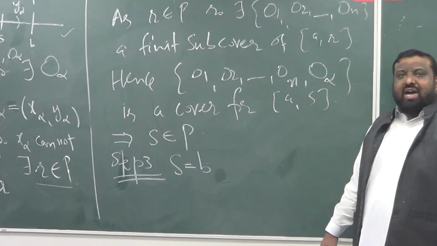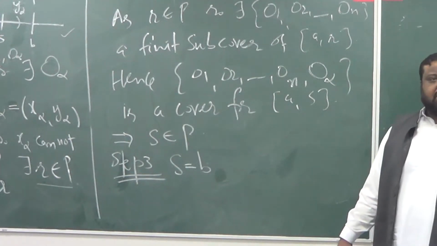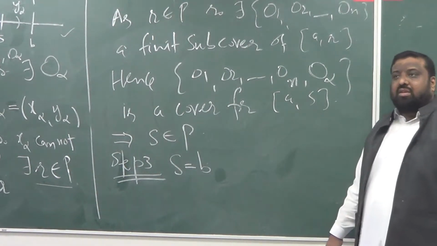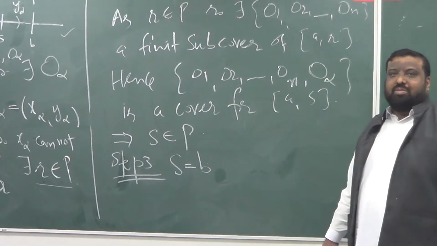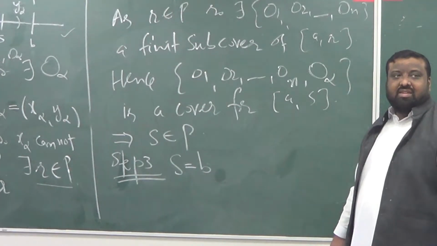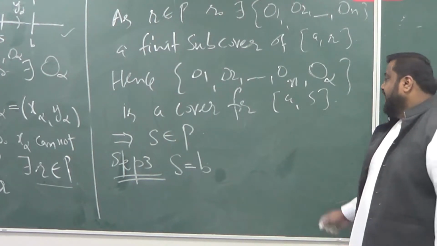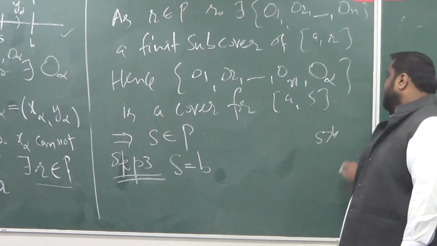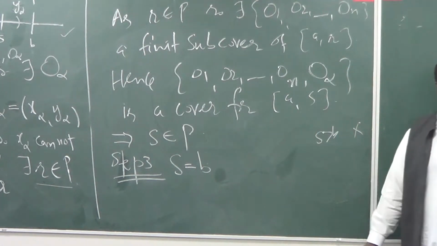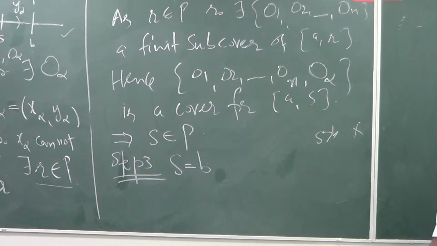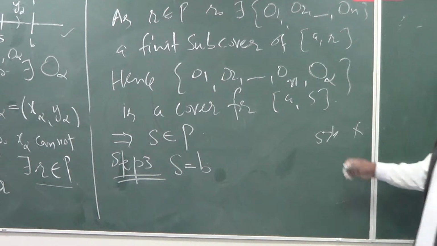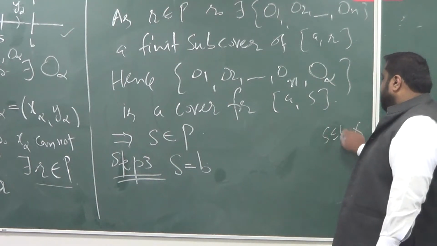So why S bigger than B is unreasonable: S is the supremum, because this interval is bounded by B. S bigger than B is not even a case that we should consider, because B is an upper bound for the set E. And S is the supremum of E, so it can never go beyond B. It has to stay less than or equal to B. Okay?